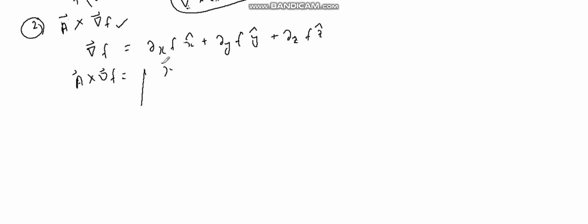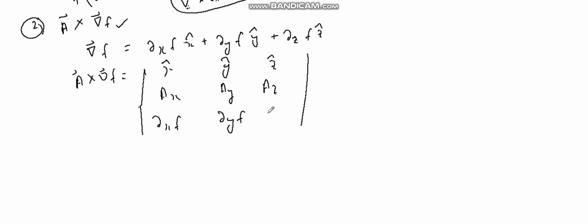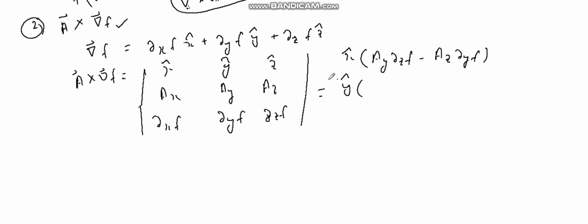So let's write x cap, y cap, z cap, ax, ay, az, del xf, del yf, del zf. Okay, so for the x component we're gonna have ay del zf minus az del yf. For y, I will take the plus sign over here, and will manage the minus sign inside.